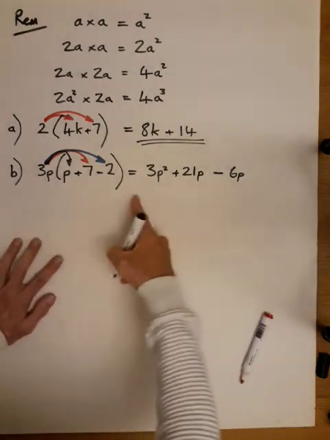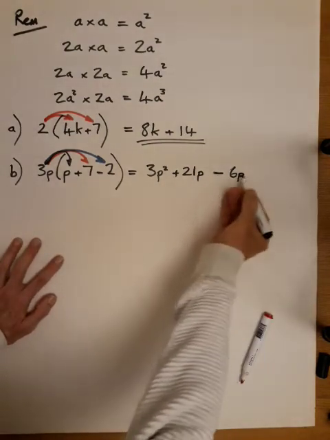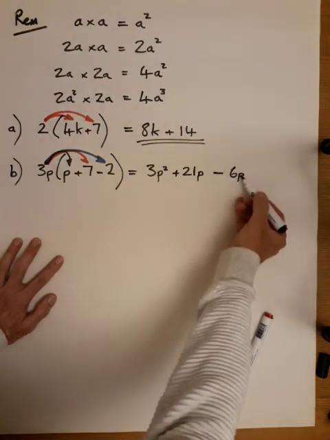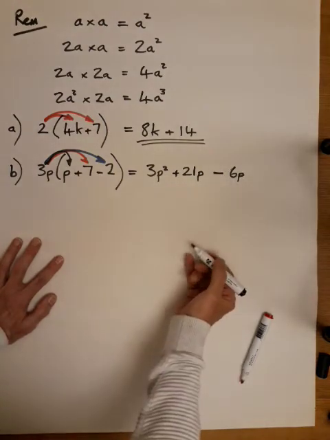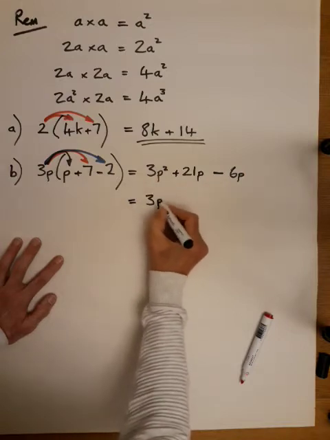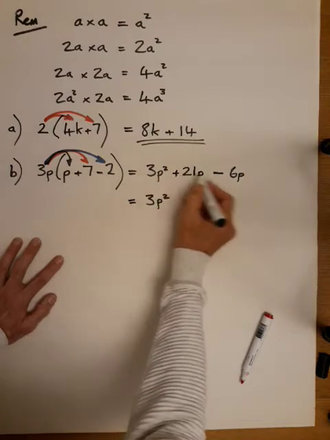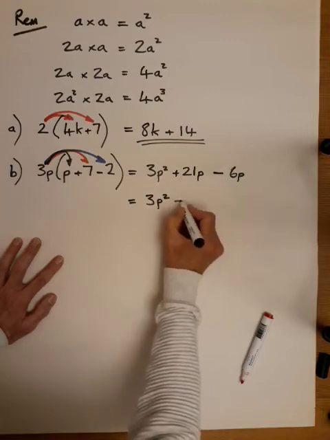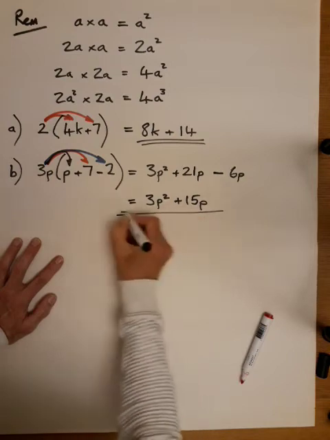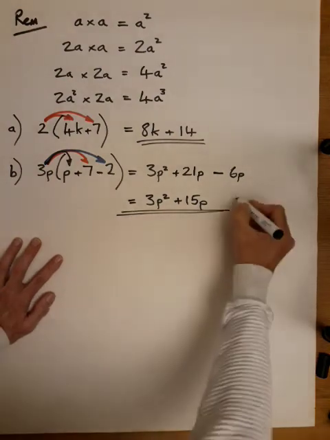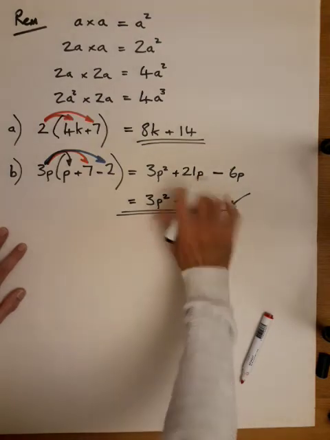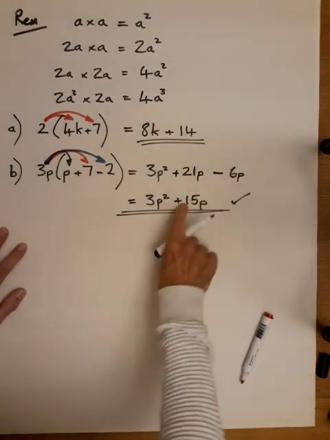So at this point, we can gather the like terms. We have 21 p's, and there we have minus 6 p's. So our next line is 3p squared, 21 minus 6 gives us plus 15p. Okay, so that's fine. This is better than that because this clearly simplifies down.